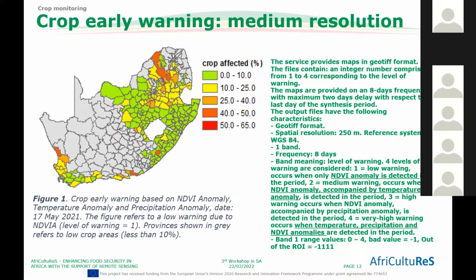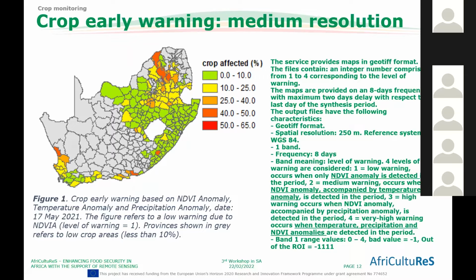And of course, we have different levels of warning according to which one of these quantities, NDVI, temperature, and precipitation, is anomalous. So if we find that all of them are in anomaly condition, then very high temperature, low precipitation, low value of the NDVI, in that case, of course, we have the maximum of the warning.